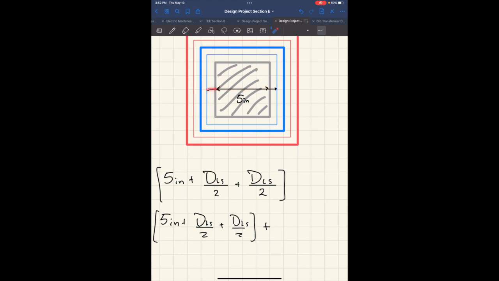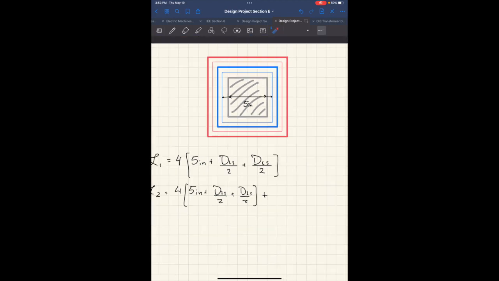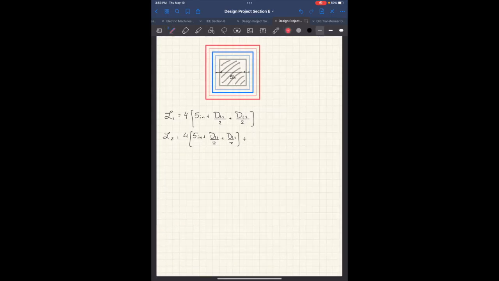If this distance is a diameter, then what is this distance? Diameter and radius. Exactly, diameter and a half. Okay? 1.5 diameters. So, we're going to have 5 inches plus 1 diameter and a half, and on the other side also we're going to have a diameter and a half.